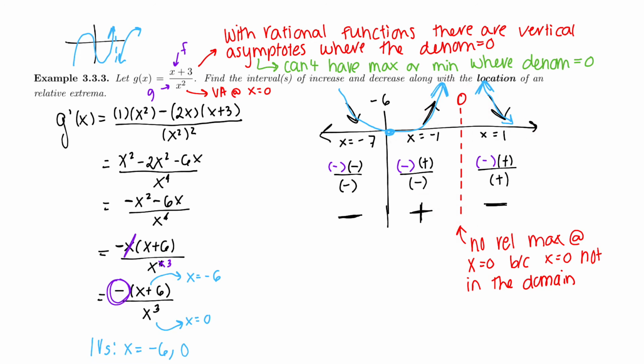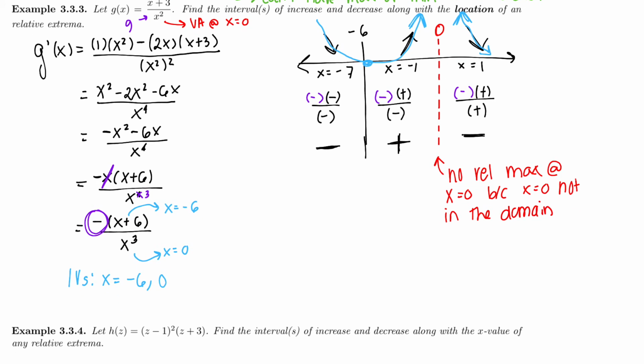And depending on what test value you chose, you would only get one increase, or you'd either have increasing or decreasing, but really it's increasing here, decreasing here. So it's really important that you included 0 on your sign chart because it does change from increasing to decreasing. So we are increasing from -6 to 0.